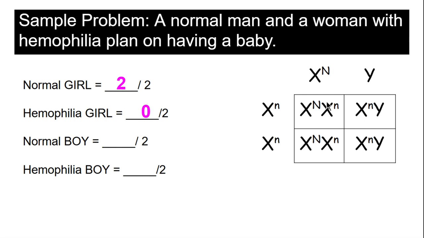They would have to have 2 little n's. A normal boy has to have a capital N. Do we have any here? We do not. And then a hemophilia boy would have no uppercase n's, only lowercase, so we see 2 there. So just pay attention. If it says boy or girl, you're going to be doing it out of 2. And if it says out of all of them total, then you'll do it out of 4.